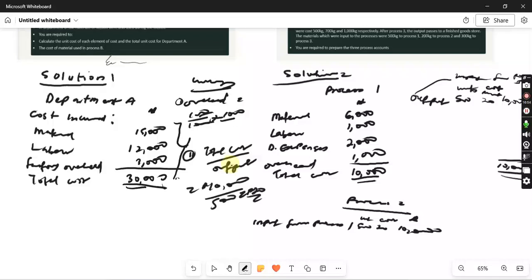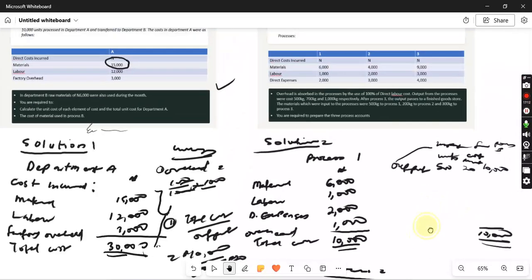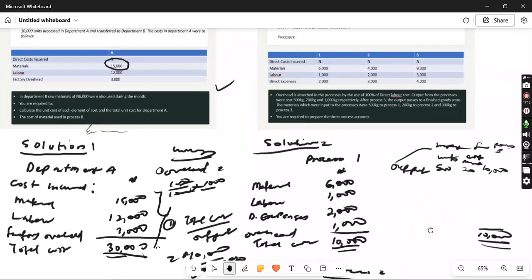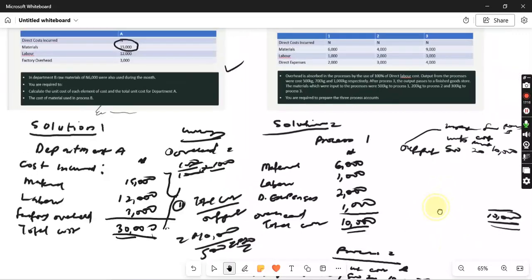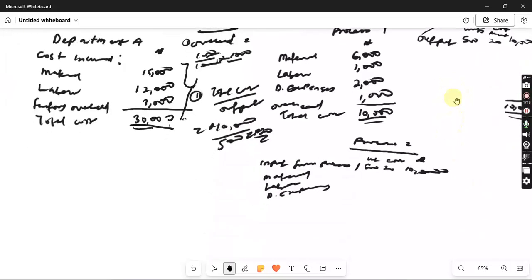So we have material cost incurred in process 2, we have labor cost, we have direct expenses. Let us check out the information. We have 4,000, 2,000, and 3,000 respectively.